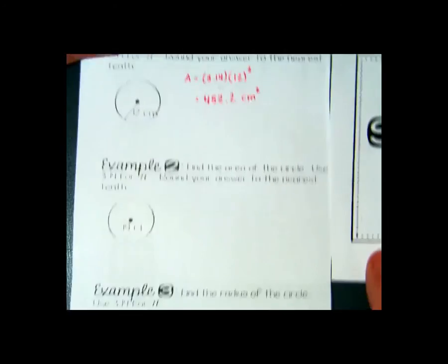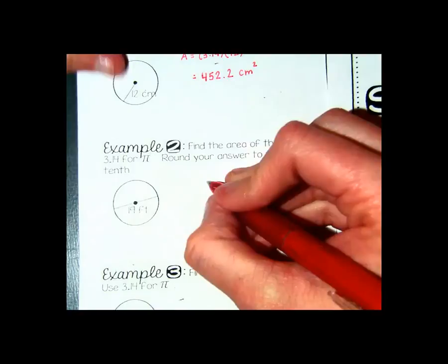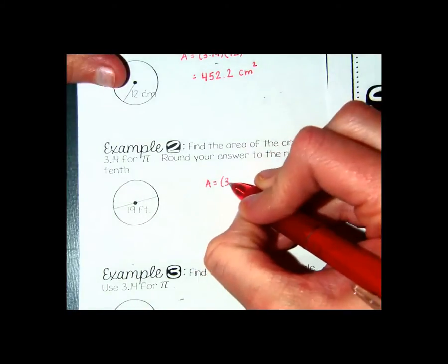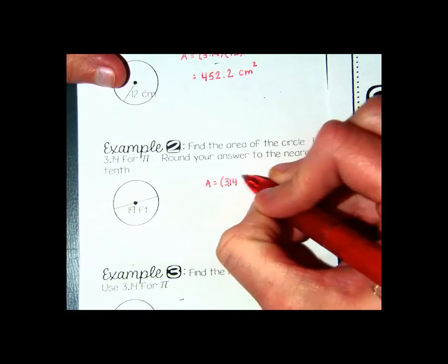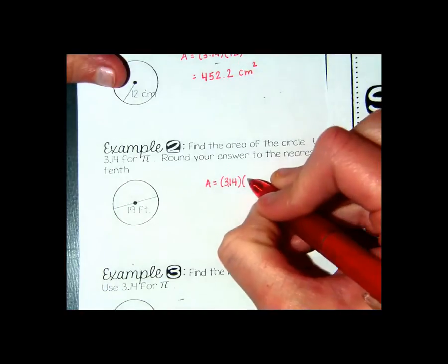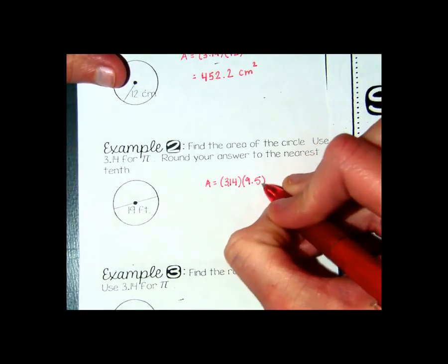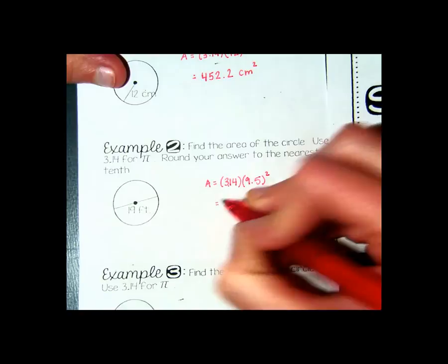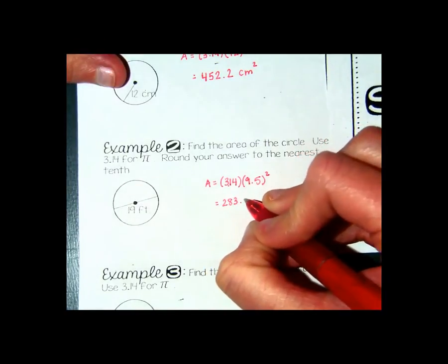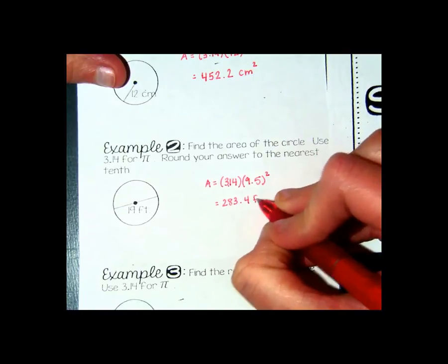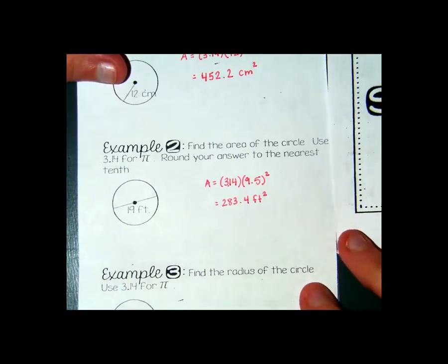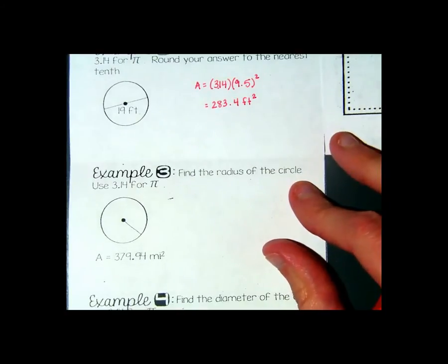Okay. What did you 3.14 times? Times what? Point what? Feet squared. All right, now example 3 and 4, you have to find the radius and the diameter.